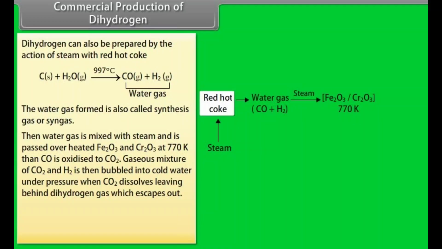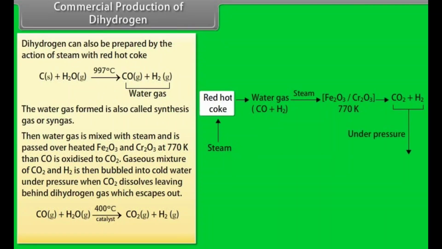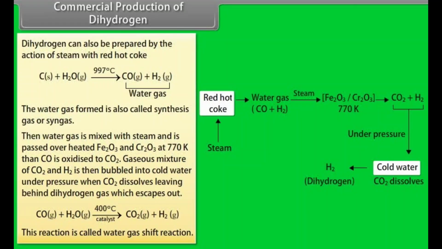Then CO is oxidized to CO2. Gaseous mixture of CO2 and H2 is then bubbled into cold water under pressure when CO2 dissolves, leaving behind dihydrogen gas which escapes out. This reaction is called water-gas shift reaction.